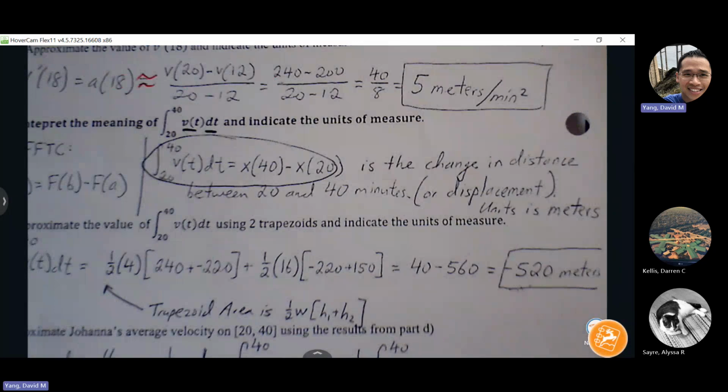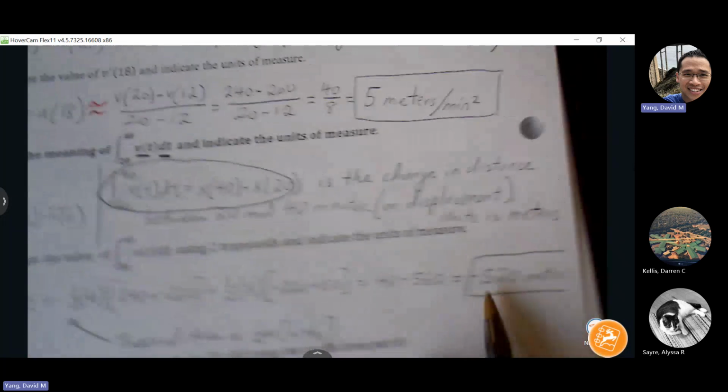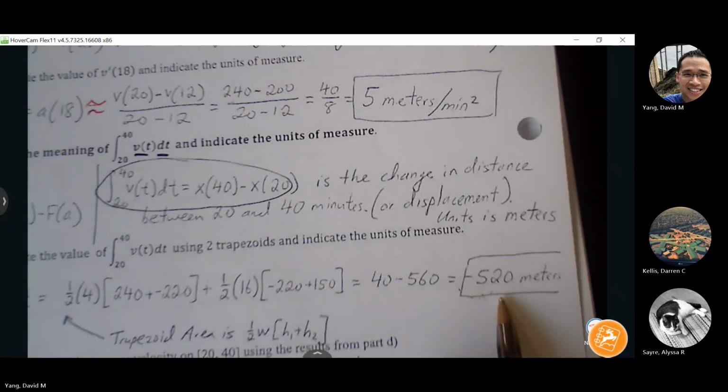So between 20 and 40 minutes, she's going to end up this distance to the left of where she was at 20 minutes. You should write out the sentence. You have to write out that sentence, right? If I ask you to interpret what this means, then I would ask you, yeah.